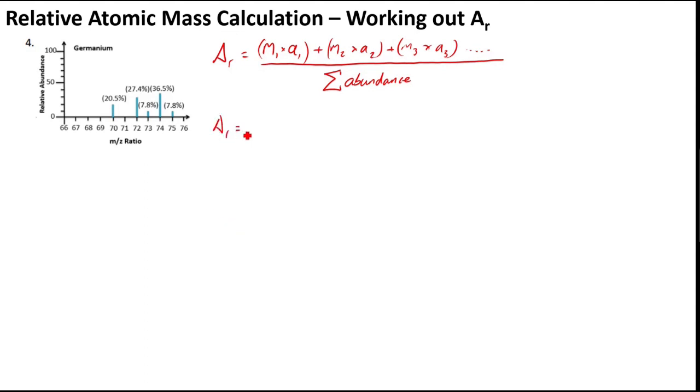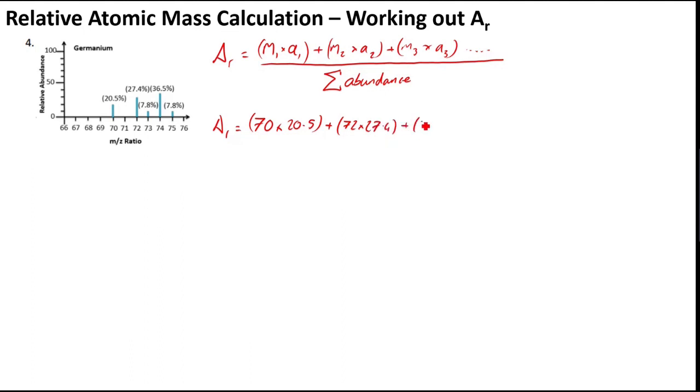So our AR, which is what we're trying to work out, is going to equal mass 1, and the M/Z ratio is 70 for our first one, times the abundance, 20.5. And then we're going to add on our second mass, which is 72, times the abundance, 27.4.